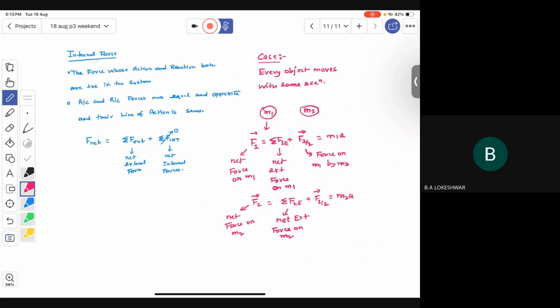Now suppose I call this equation number 1 and that equation number 2.